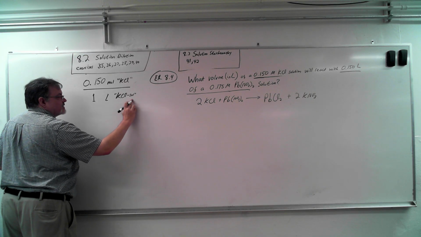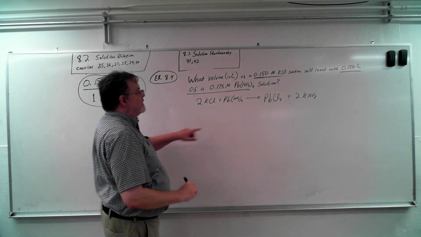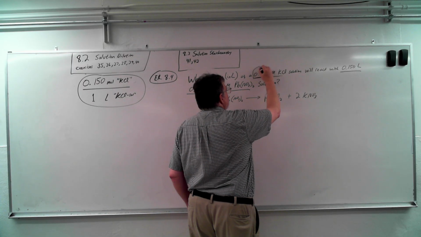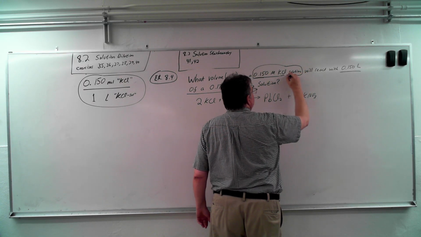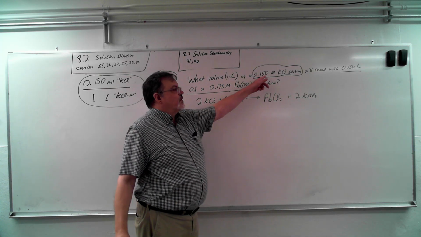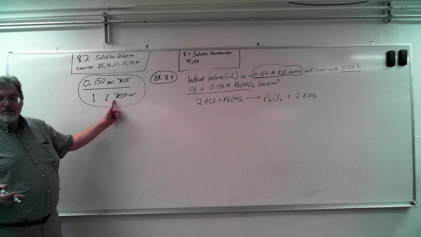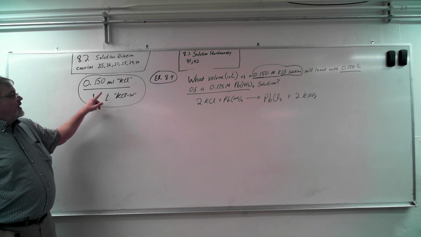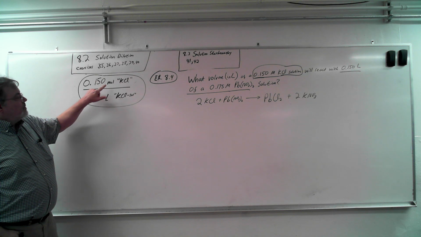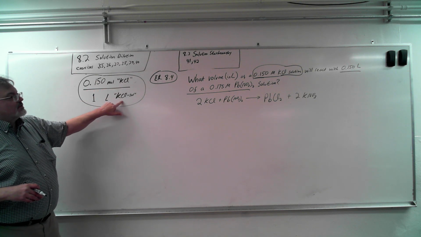Liters, it's KCl solution. So this is just an expanded representation of this by itself. So I've translated this into that. M just means moles per liter. And in this case, we're talking about KCl. So 0.150 moles of KCl put down in 1 liter of KCl solution.